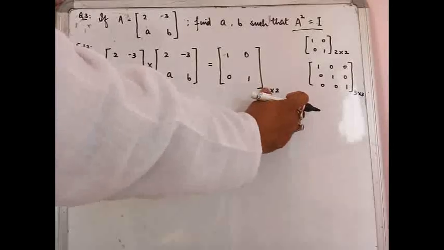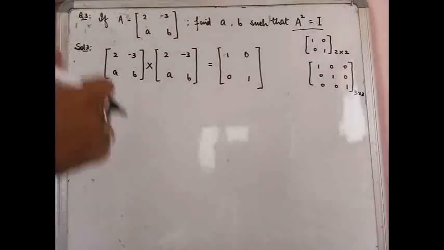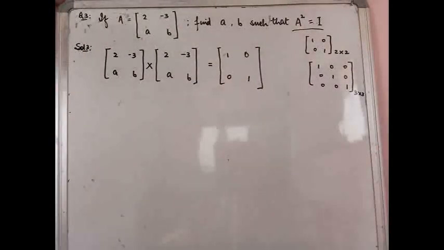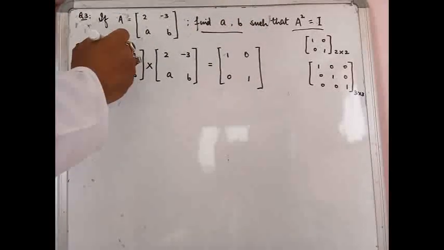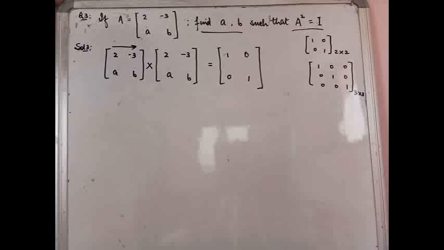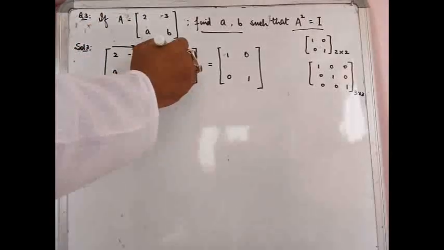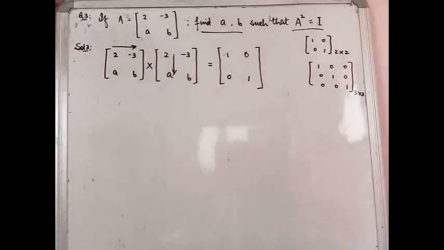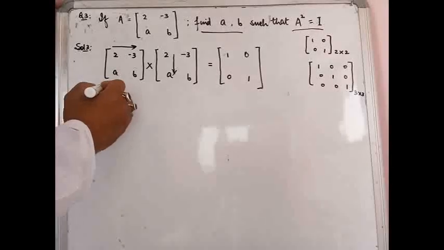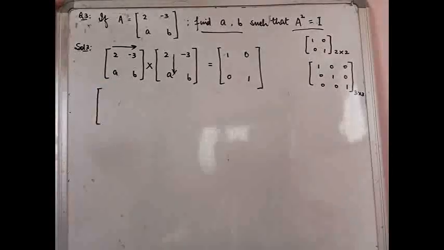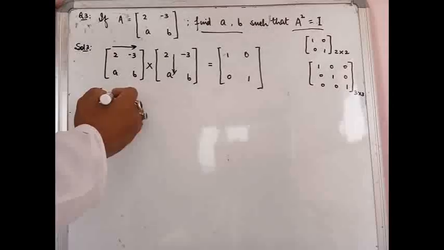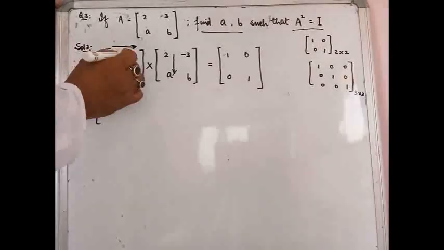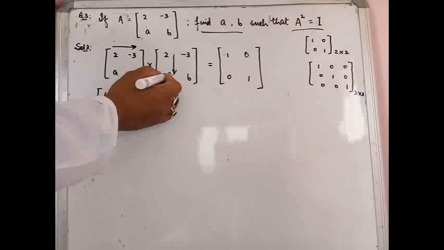Now let us proceed with the actual multiplication, because our purpose was to find a and b. Once again we will go row wise in the first and column wise in the second. This 2 multiplied by this 2 will give you 4, plus this minus 3 multiplied by a.